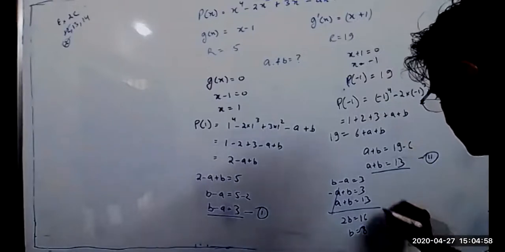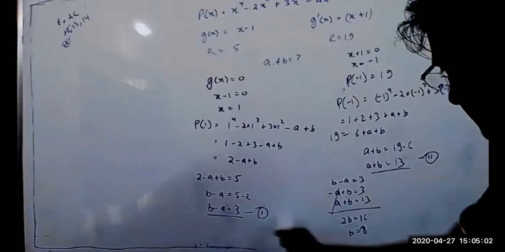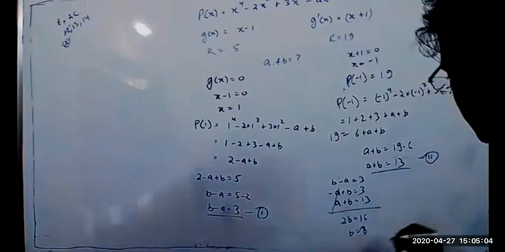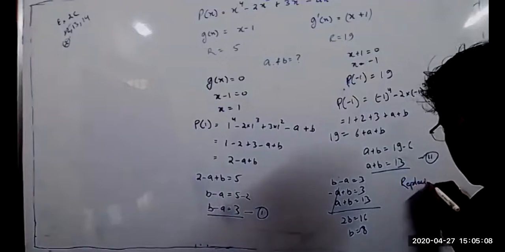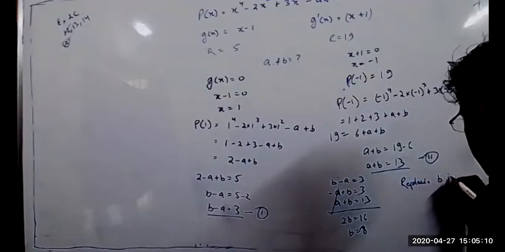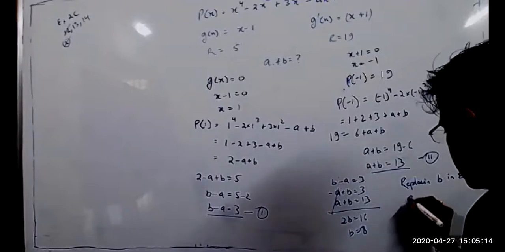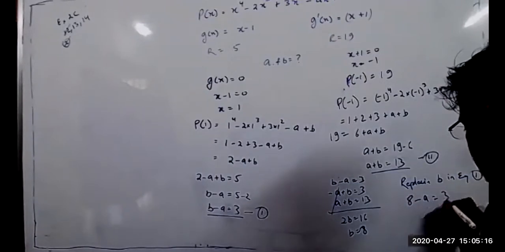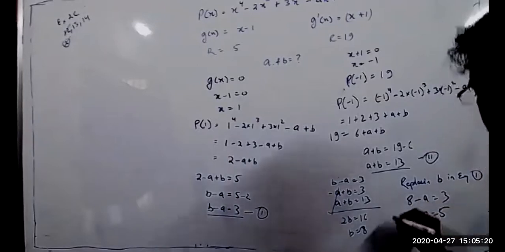And a will be equal to, we'll have to replace the value of b in equation 1. So 8 minus a equals 3. So a is equal to 8 minus 3, 5.